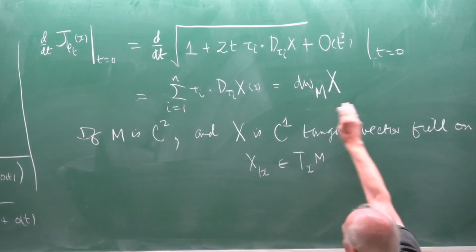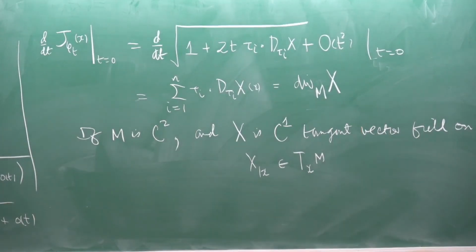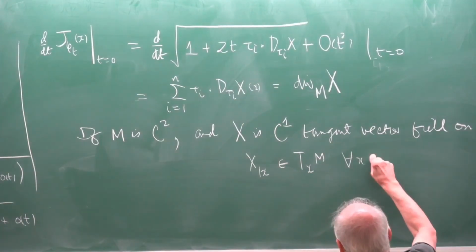Notice we're not assuming anything like that in general. I'm just saying, let's suppose for a minute that we've got a tangent vector field rather than a general vector field on M. Then this should be true for every x in M.